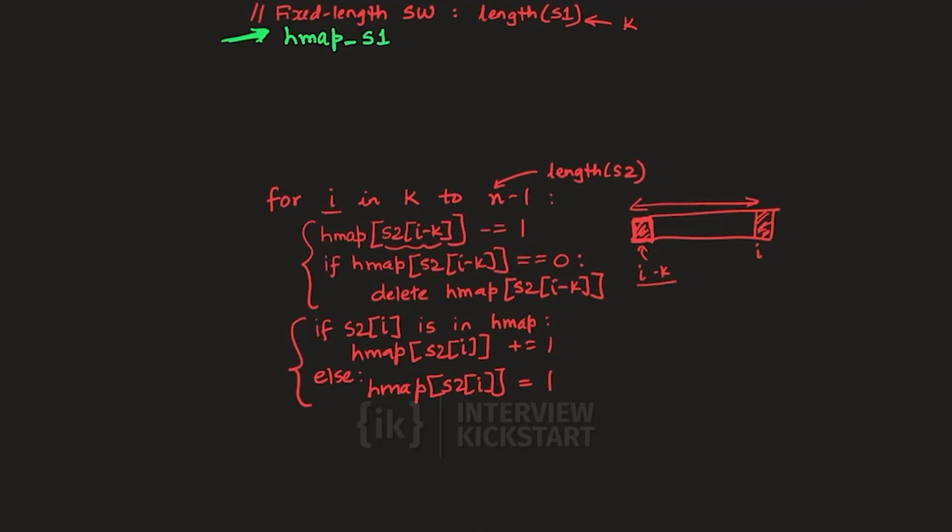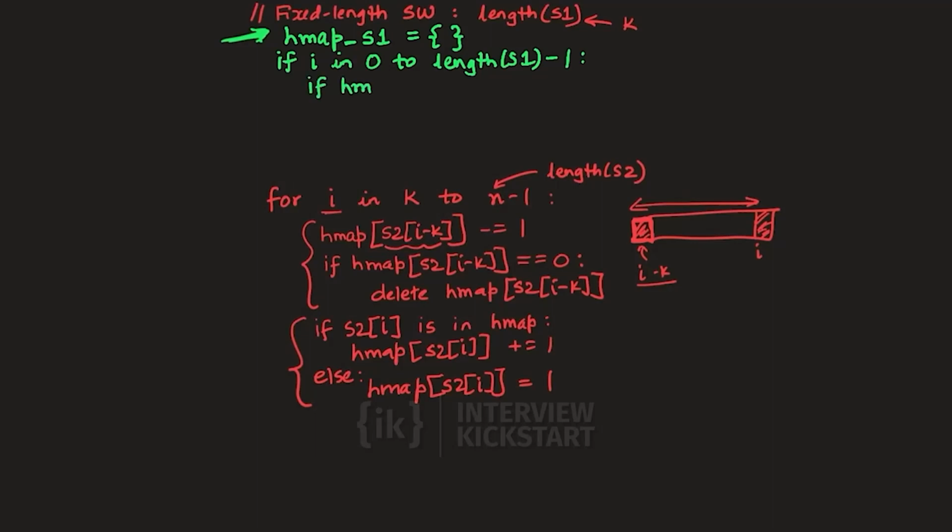So hmap underscore s1 is essentially populated with the frequency of every character within the string s1, and that means when we begin we would have iterated over every character of s1 and added it to this hash table.